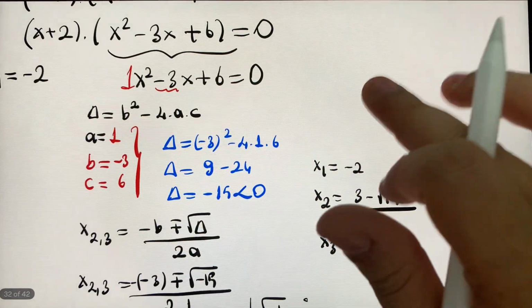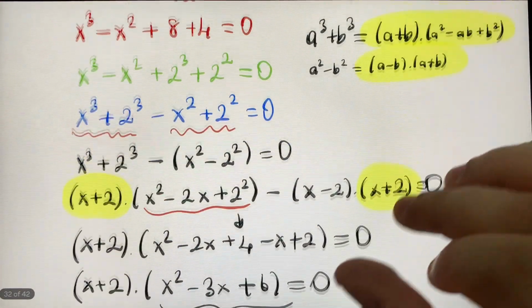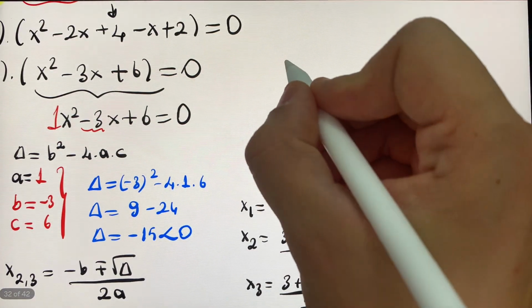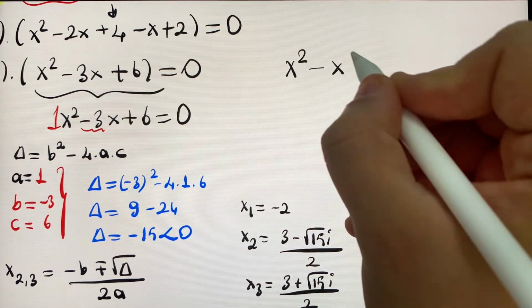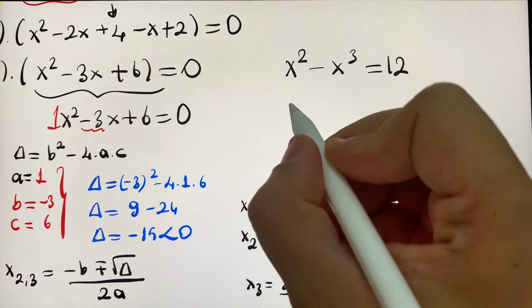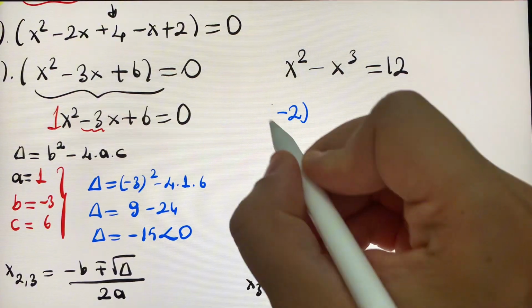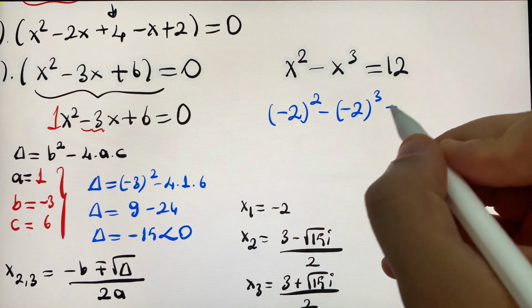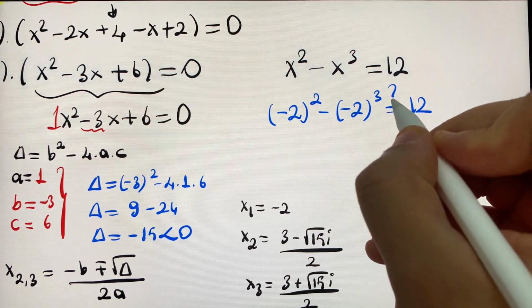For example, let's try the root x1 in the question. Let's see if it's really correct. What did we find? Minus 2. What was our question? x squared minus x cubed is equal to 12. Let's write minus 2 in place of x. If we write minus 2 squared, minus the cube of minus 2 is equal to, I wonder if it really is.